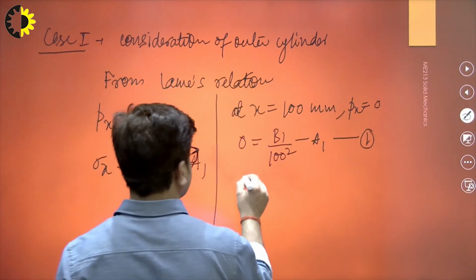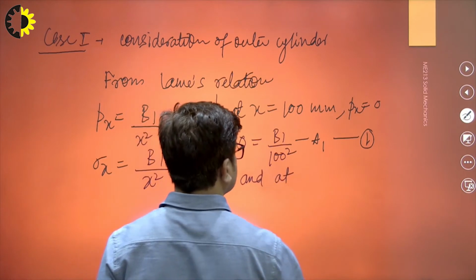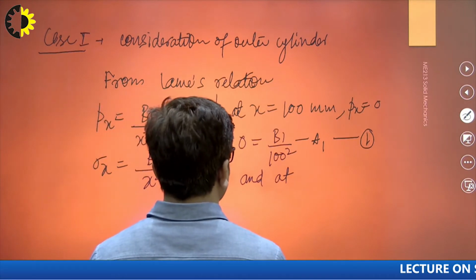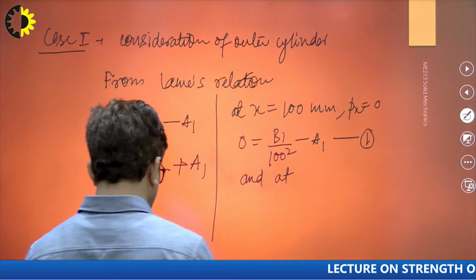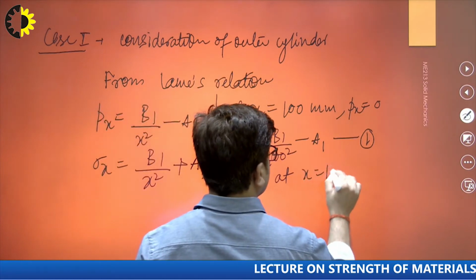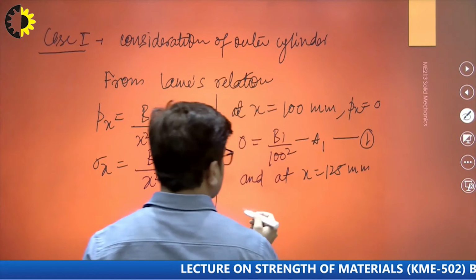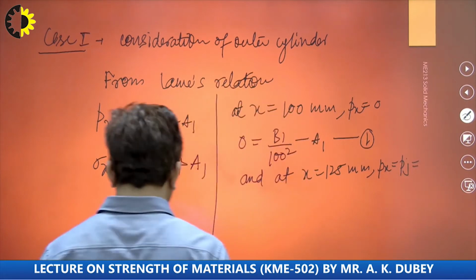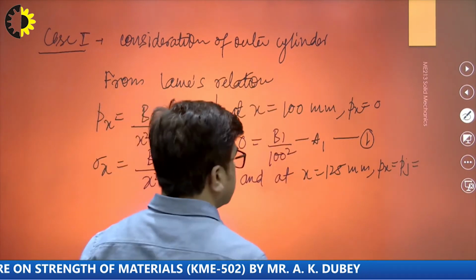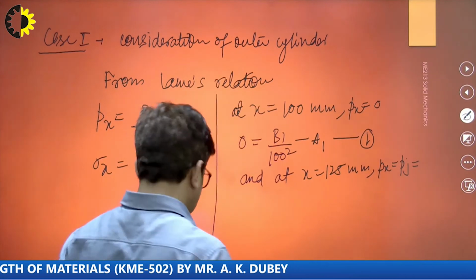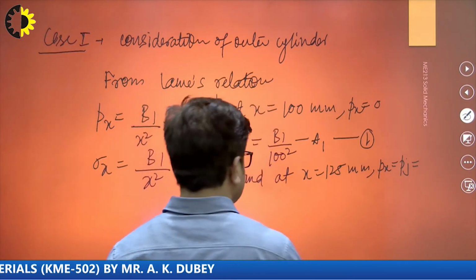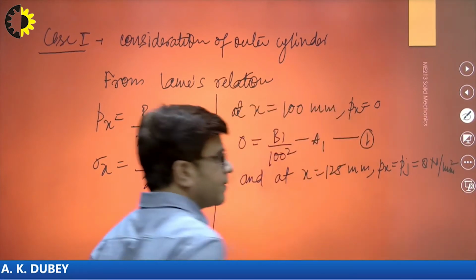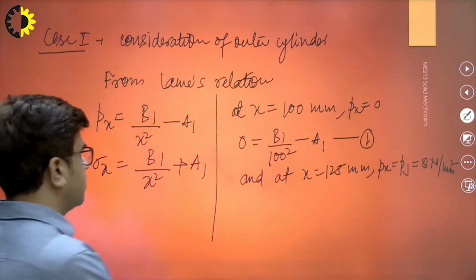And at x equal to 125 mm, Px is nothing but Pj, and this is 8 Newton per mm square, it has been given in the problem.